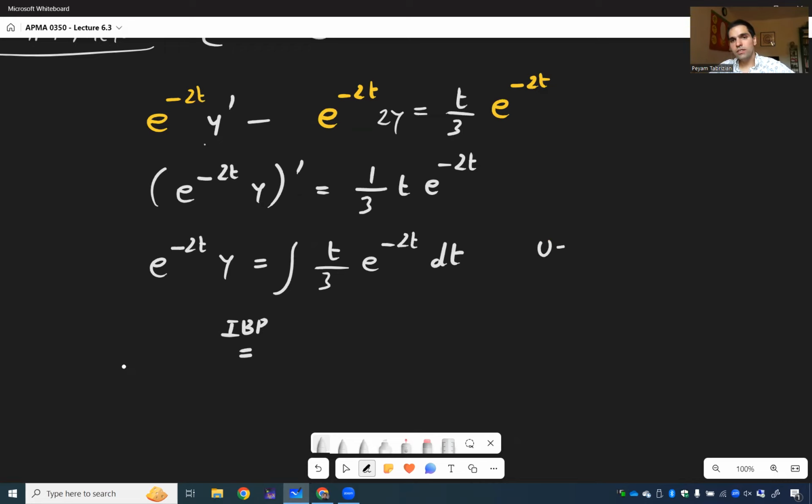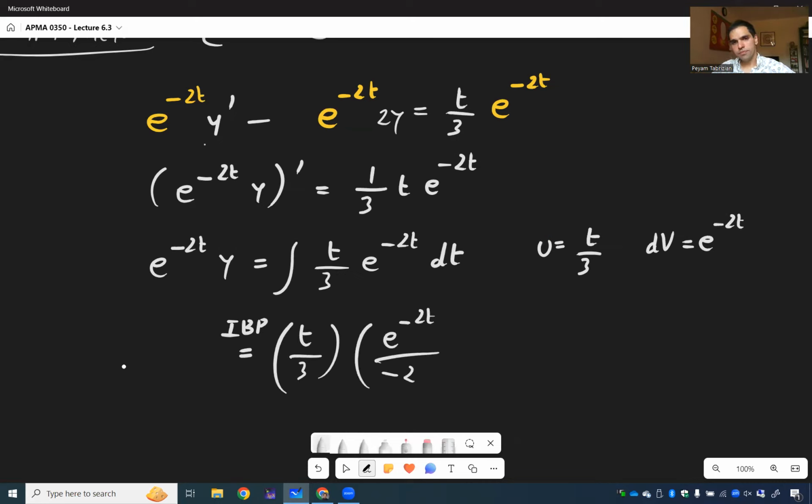So I think u is t over 3, and then dv is e to the minus 2t. So if you integrate by parts, I think we get t over 3 times e to the minus 2t over minus 2, then minus integral of du, so 1/3, and then e to the minus 2t over minus 2 dt.